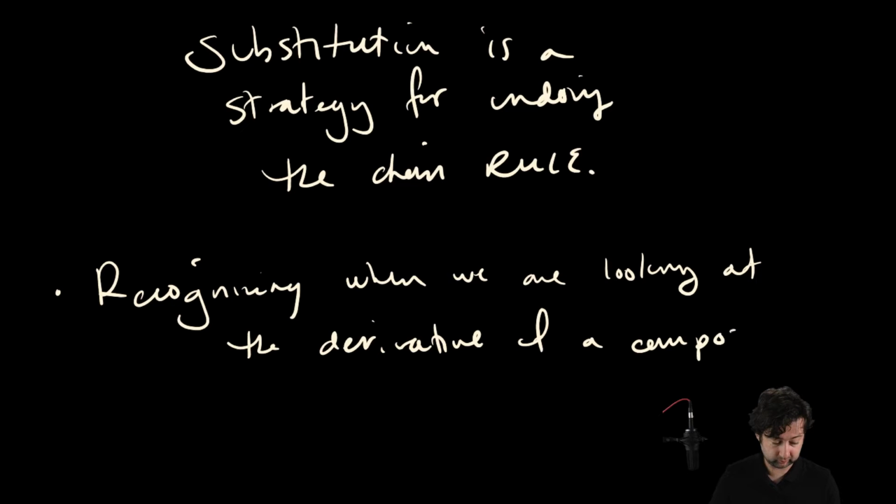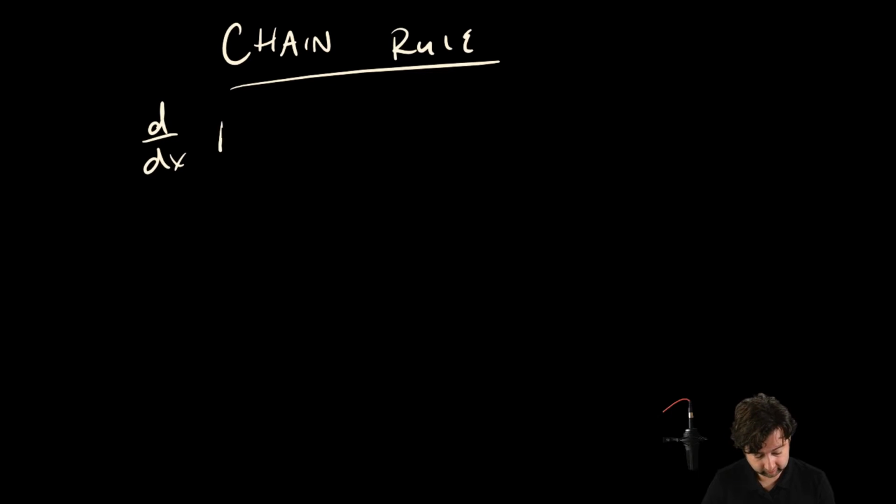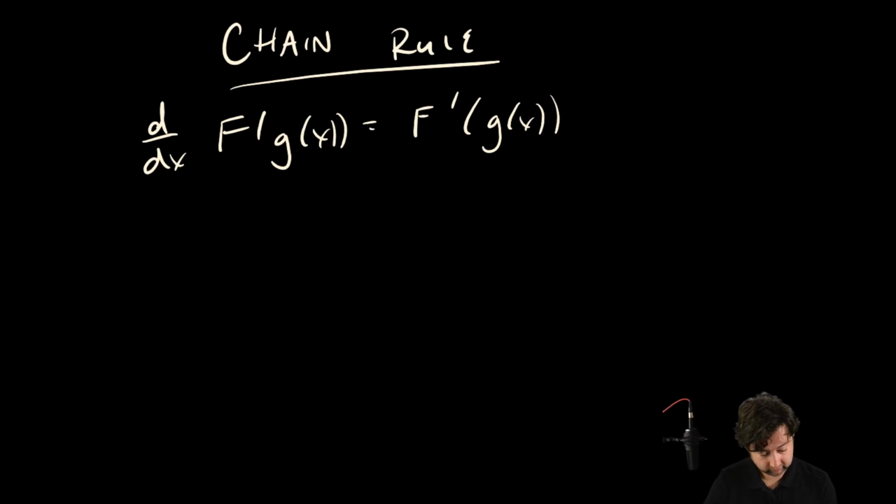Okay, so let's be a little bit more formal about what we mean by the chain rule, and then we can try to use that to uncover a substitution rule that we can use on integrals to undo it. The chain rule says formally that d by dx of f of g of x is equal to f prime of g of x times g prime of x.